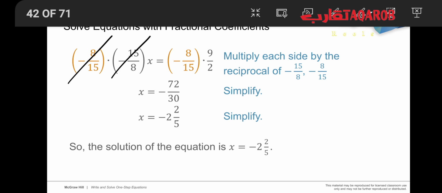Now here, we can simplify it more. 8 will be 1, and 2 will be 1, and 8 will be 4. 4 times 9 is equal to 36. So it's 36 over 15. Now, how can you write it as an improper fraction? So x is equal to 36 over 15.